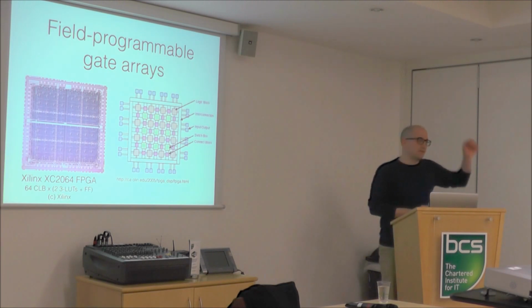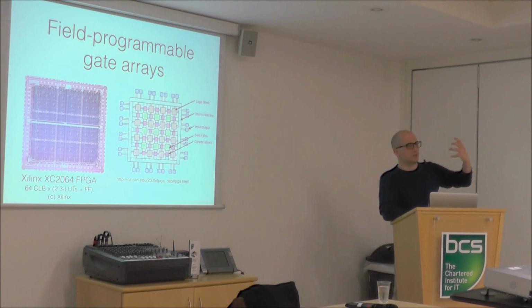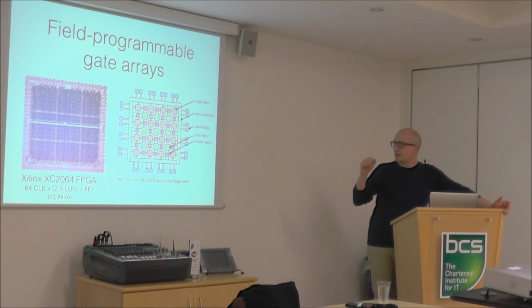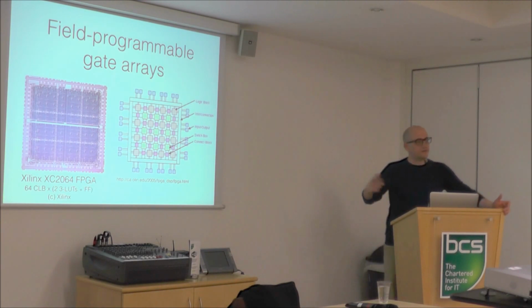There's also memory blocks, so you also have onboard memory, as you do in a CPU, right? You have cache, you have registers, you have different types of memory that is available here, and connecting everything together, you have what's labeled there as the interconnect.